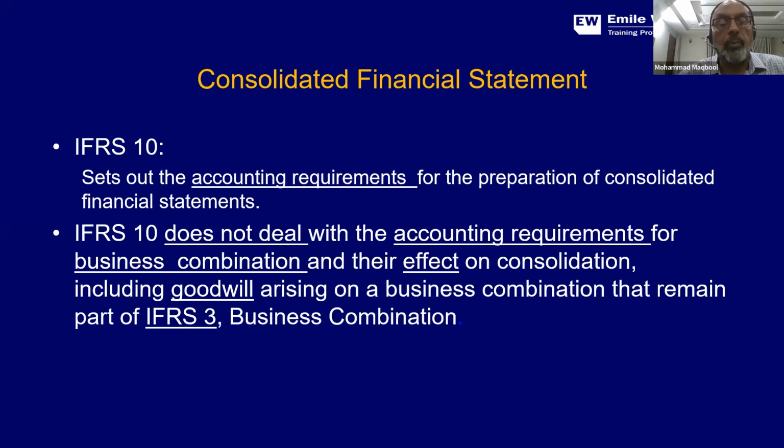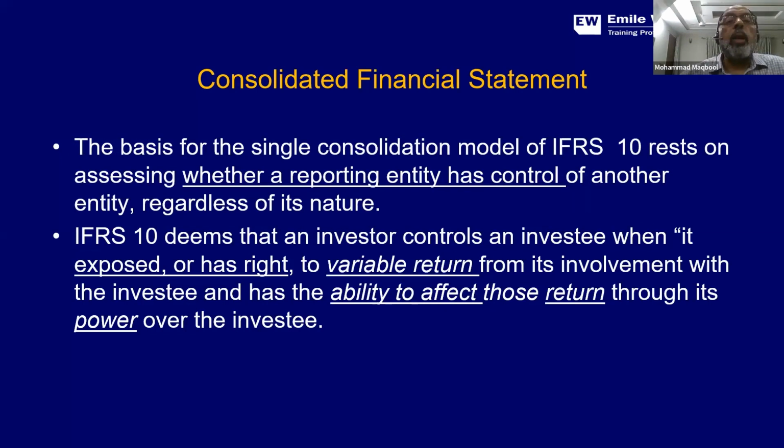All of that is covered in IFRS 3. So IFRS 10 does not deal with those again. When there is control, then regardless of the nature of the subsidiary, you need to consolidate.